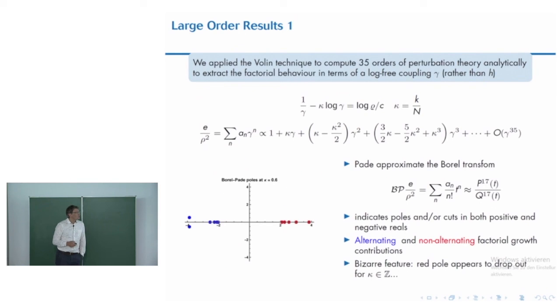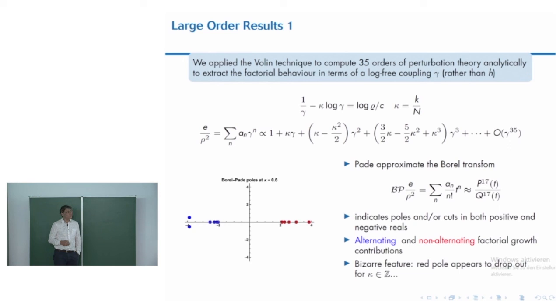We don't have all the orders of perturbation theory. We only have 35. So what we do is we fake it. We do our Borel transform series, but only including the first 35 terms. Now that has not got cuts or anything, that's just a series.